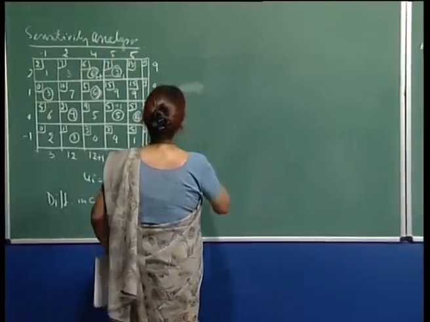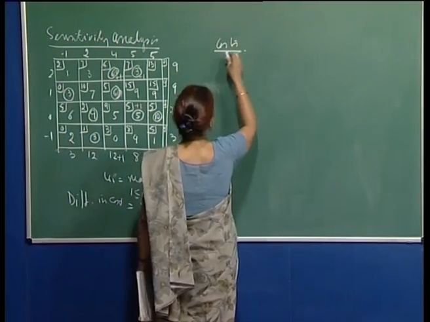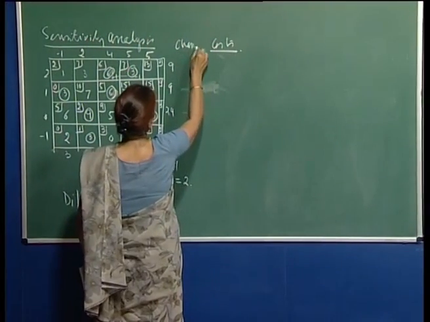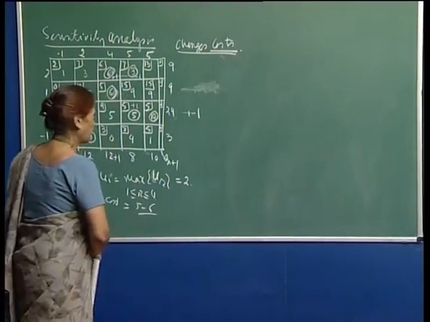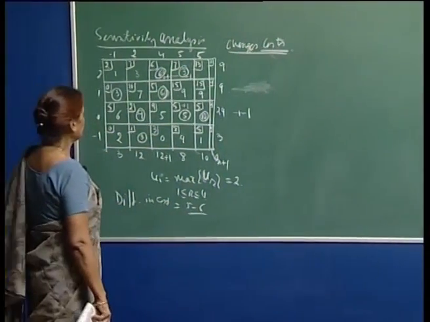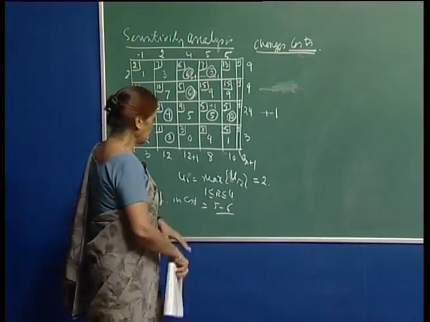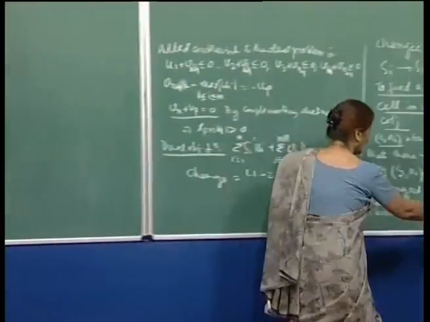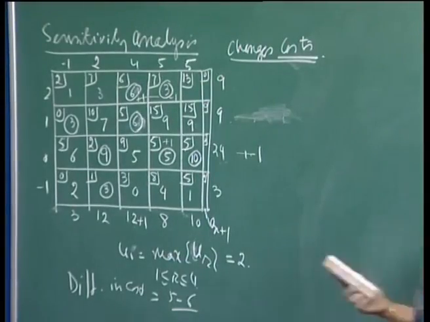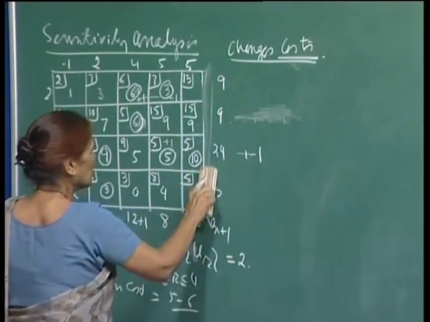Okay. Now, the other thing is cost. I want to talk about changes in cost, and here the treatment is straightforward, because again you can do the calculations directly on the tableau, on the array. We can just get rid of this. Okay.